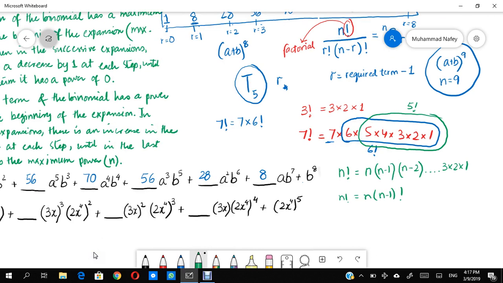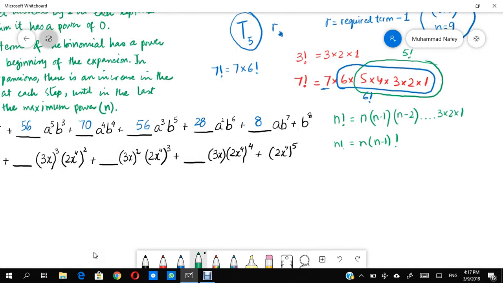So basically, this mode of writing factorials and working with the factorial notation is really helpful, especially when we are dealing with division in factorials. How? Let's say that I have to divide 7 factorial by 5 factorial.